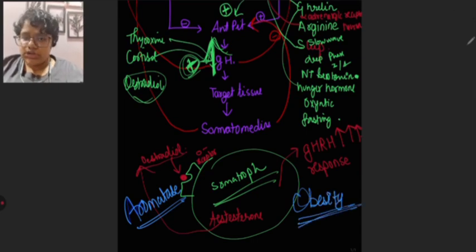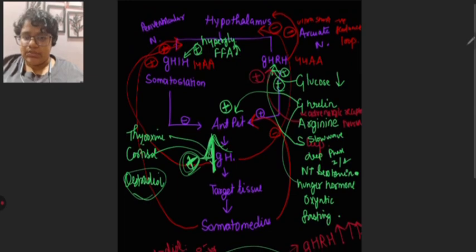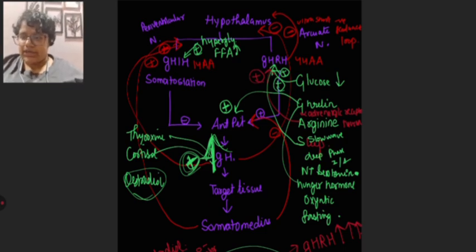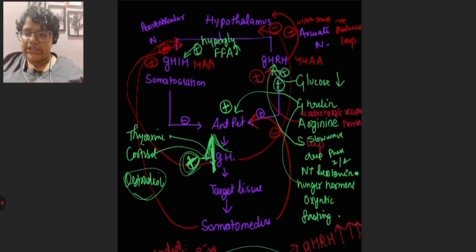And lastly, in the condition of obesity, all responses to GH are dampened, as well as the factors stimulating it. The GHRH effect is less and somatotropes are less responsive to GHRH in obese individuals.